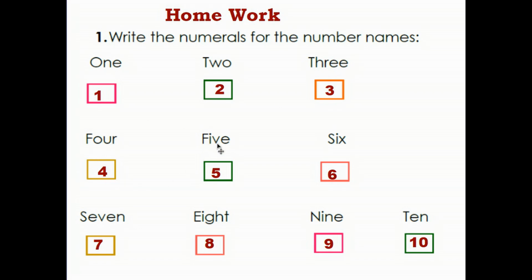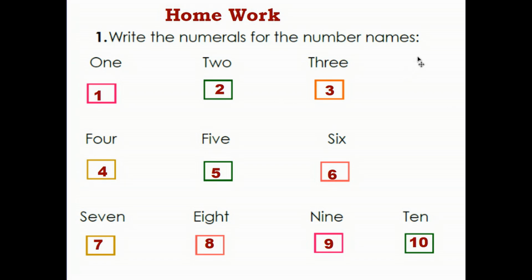Number 4, number 5, number 6, number 7, number 8, and number 9, and lastly number 10. So these are your answers for the given words of numbers. So take corrections.